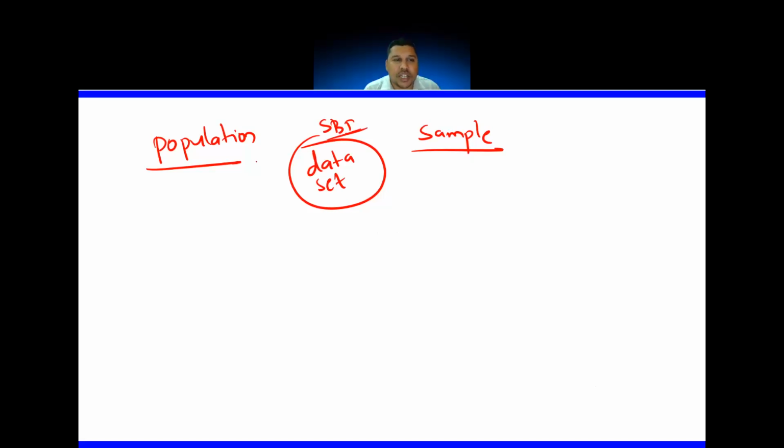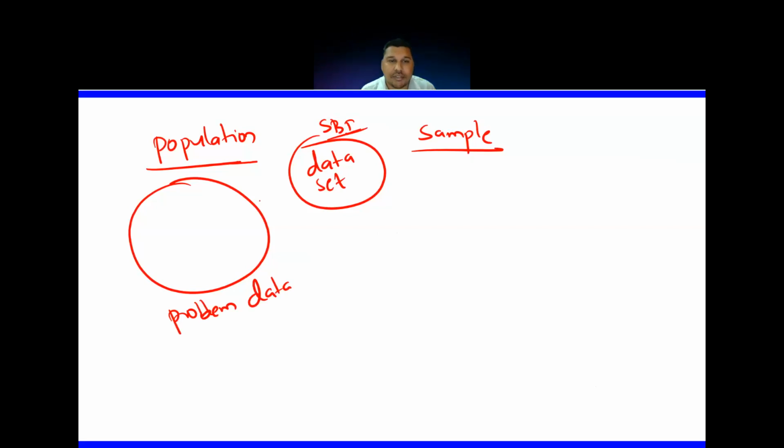So population is nothing but the whole data which is given to us, the problem data, whatever we have. Suppose SBI has 1,000 customers, assume.